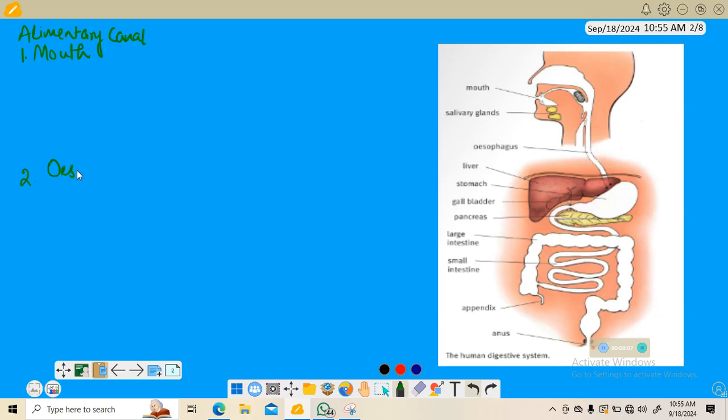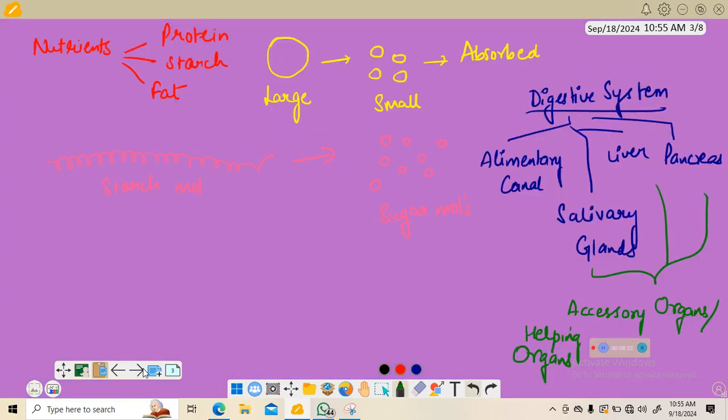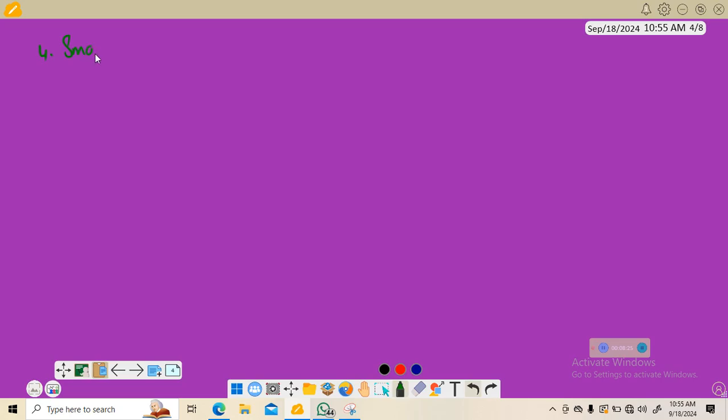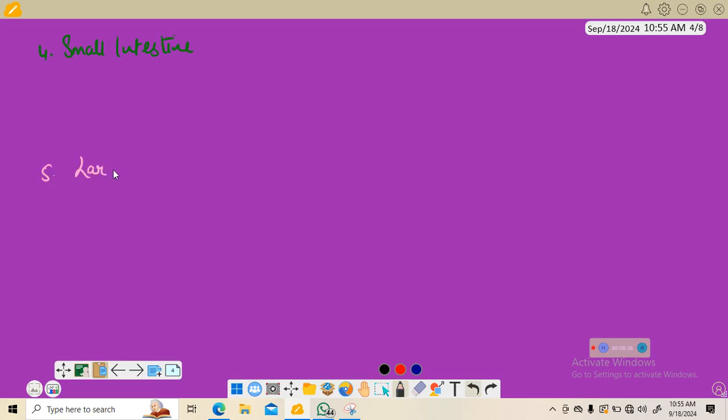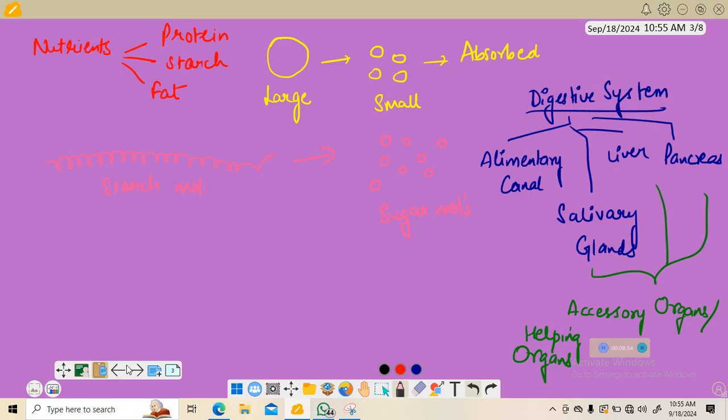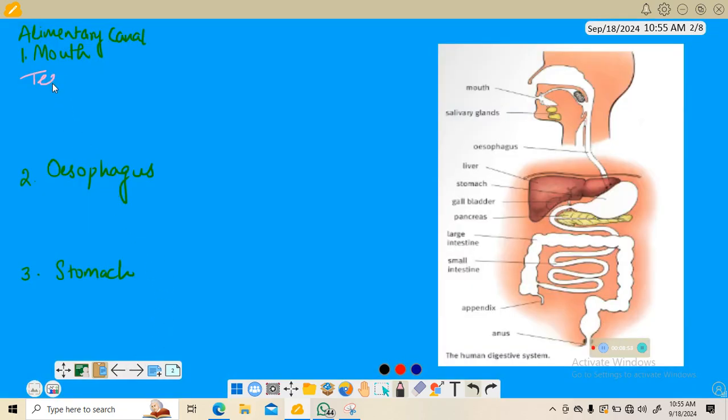Then we have the esophagus, after that the stomach, then the small intestine, then the large intestine, then the liver, then the pancreas. In the mouth, what we cover, here come the teeth.